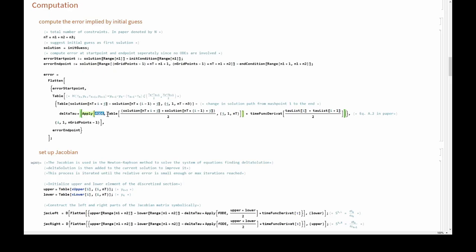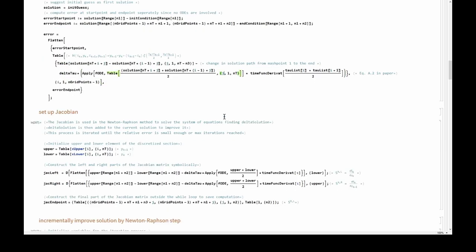So this is the system of differential equations. This is our f, and we need the time function there to make this squishification from the infinite time horizon to a time interval between 0 and 1.